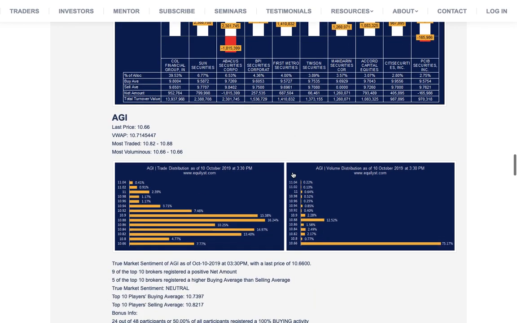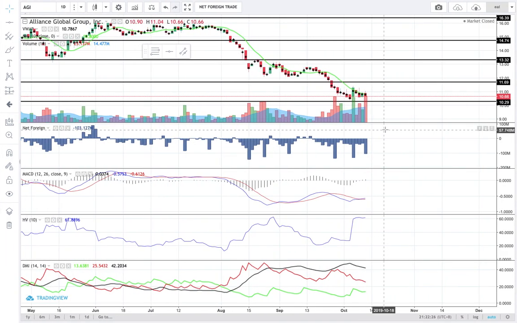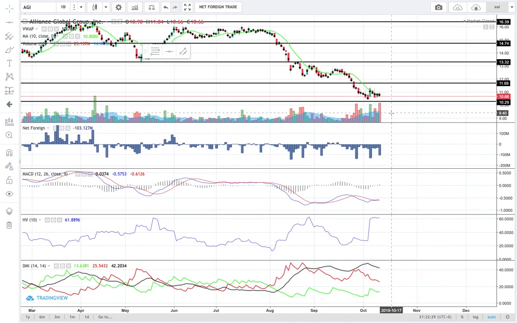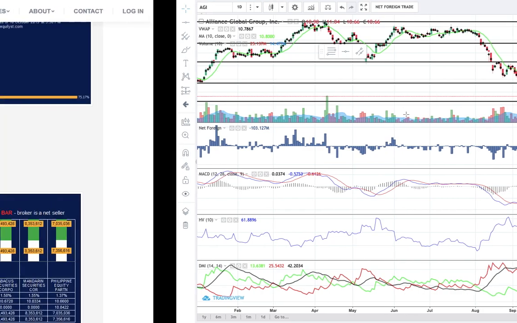The momentum power indicator is bearish. The true market sentiment is neutral, meaning to say there's still no significant interest to register a rebound for AGI, and that's the sentiment of the top 10 brokers today. So I'm still bearish on AGI. Don't buy the stock. Avoid it for now.